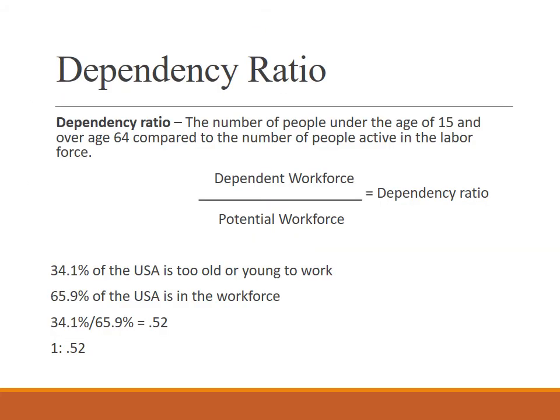Population pyramid data can often be used to estimate other things, like the dependency ratio. This is one of our vocab words, and it refers to a value that compares the working to the non-working parts of a population, basically, all right? Demographers consider people between the ages of 15 to 64 the potential workforce, I'm using air quotes there, of a country, whether or not those people are actually employed or not.